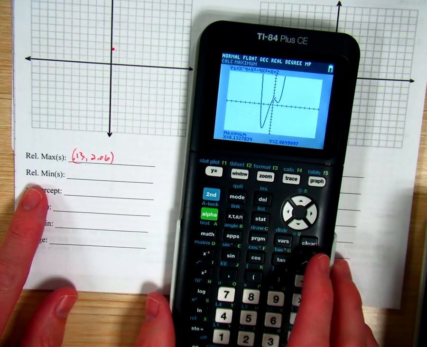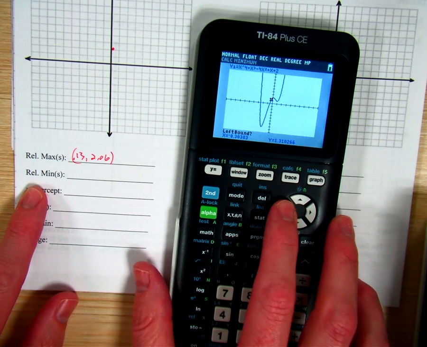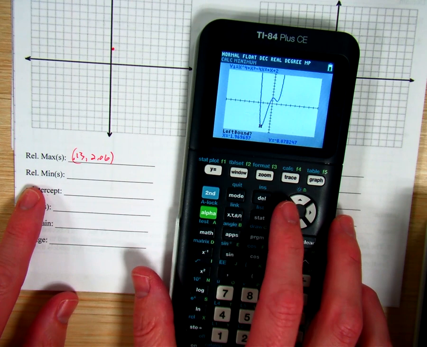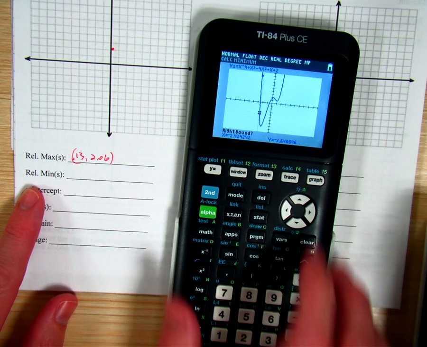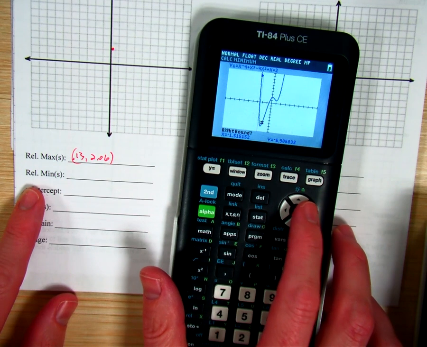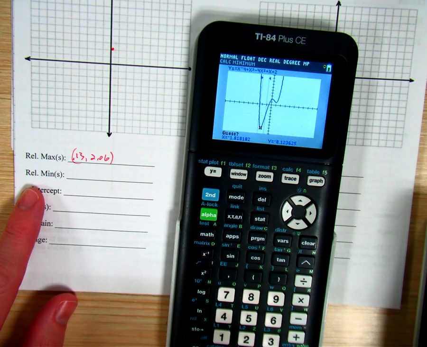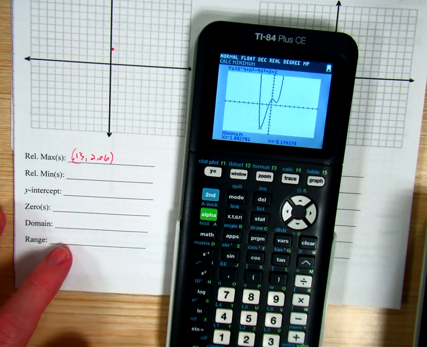Next, we have the minimums, second trace minimum. Okay, scooch on all the way down there as far as you can get. Okay, left bound, left, left, left, left, enter. Right bound, right, right, right, right, enter. Guess again on the bottom. Negative 1.88, comma, negative 8.17.